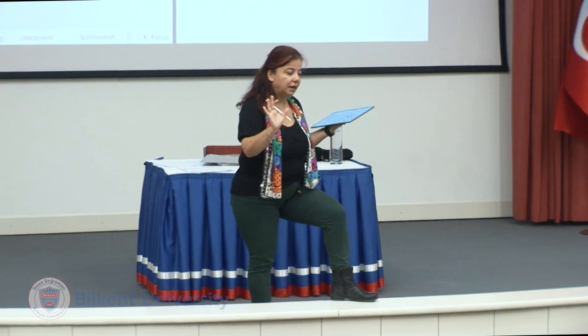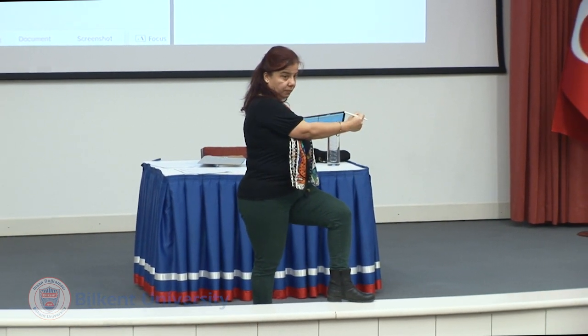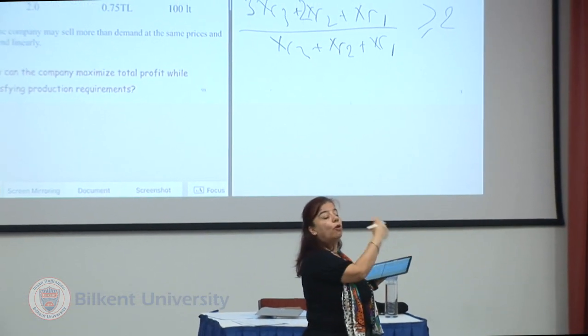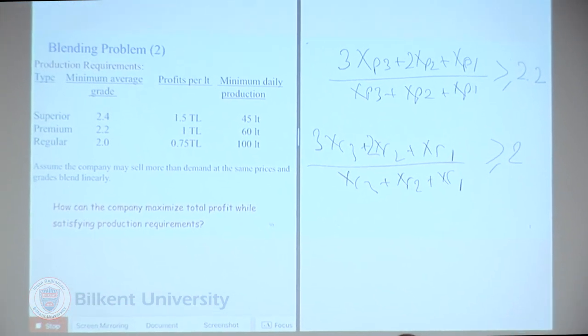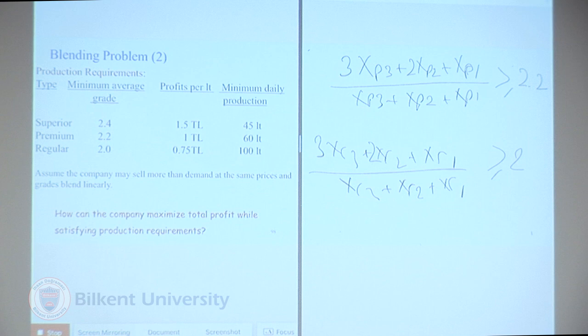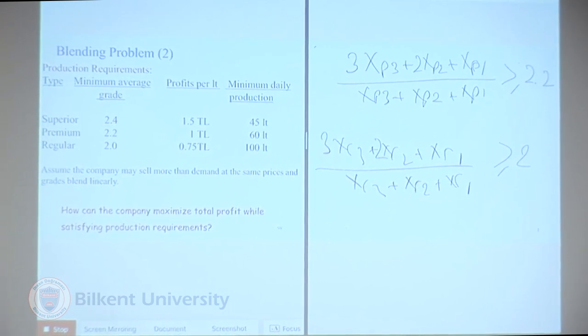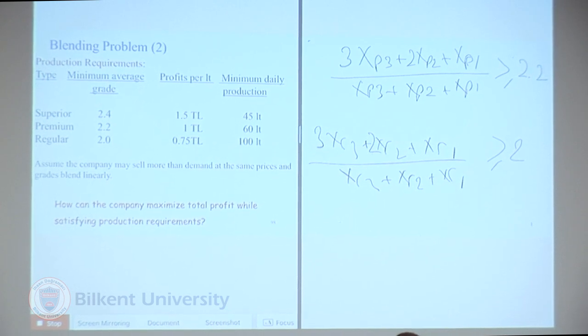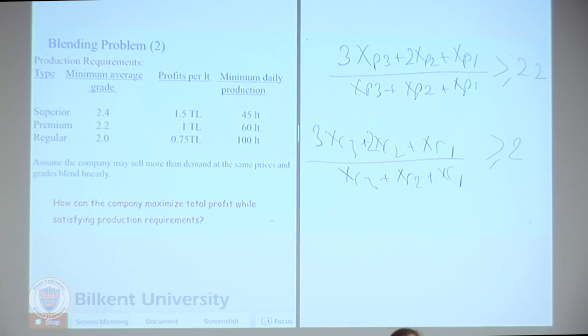Now, as long as the average grade is greater than 2, it can be regular. As long as it's greater than 2.2, it can be premium. At the end, the model will select XR1s, XR2s, XR3s. Those are the decision variables. I'm writing a huge model, and I'm solving it. At the end, the model will tell me, you know what, use 20 kilos of good oranges in superior and 1 kilo of poor oranges in superior.